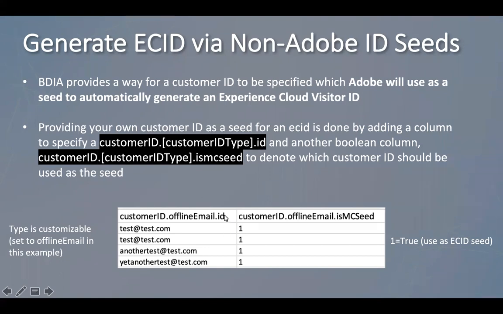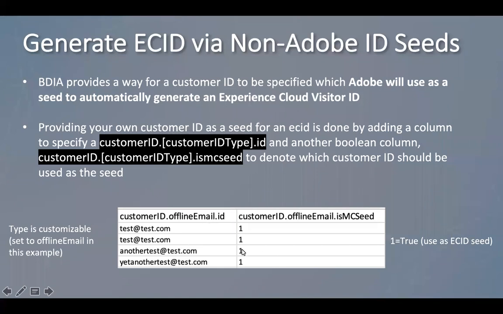And you'll see I've got the ID with a couple email addresses here. And then I use the same name, offline email, here with the is MC seed field. And if you set that to 1, that is true. So then Adobe knows that for these rows where the customer ID type is offline email, we're going to use this as a seed to generate an Experience Cloud Visitor ID.